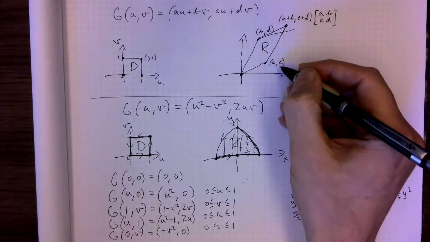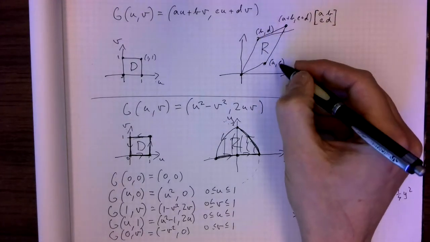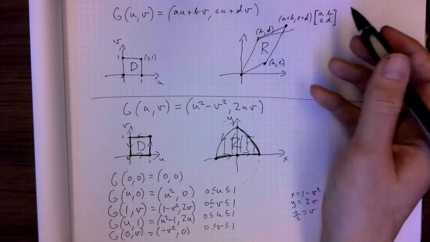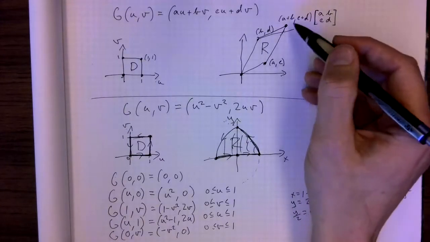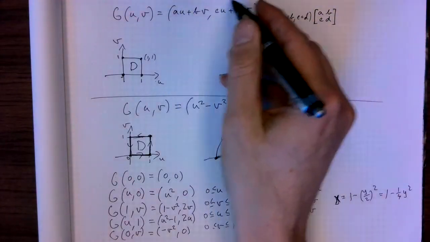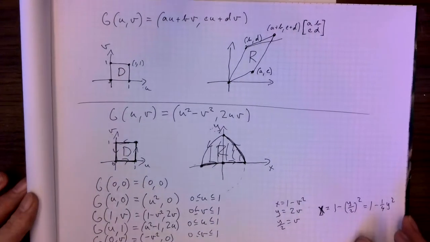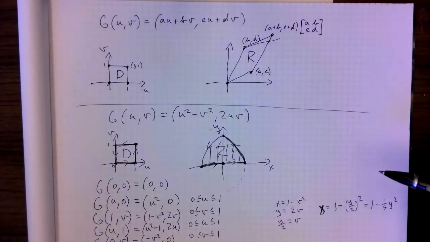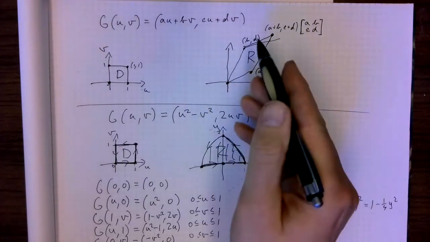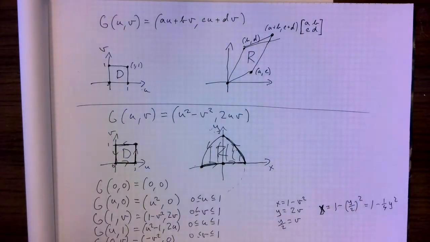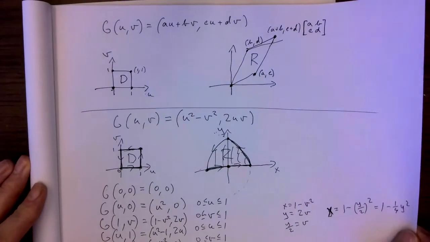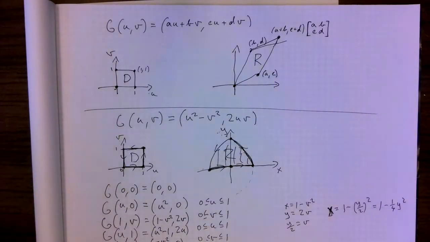If I know these two coordinates, that gives me A, C, B, D. I just put them in this matrix, and I have the mapping. So for a parallelogram, it's fairly easy to figure out the G. For something like this, maybe it's much harder.